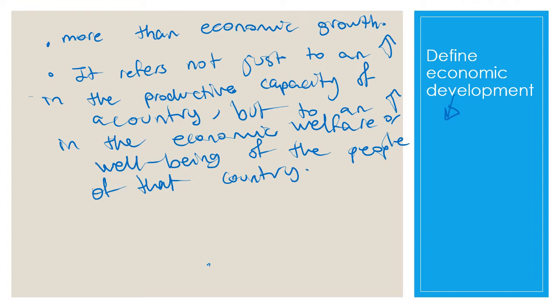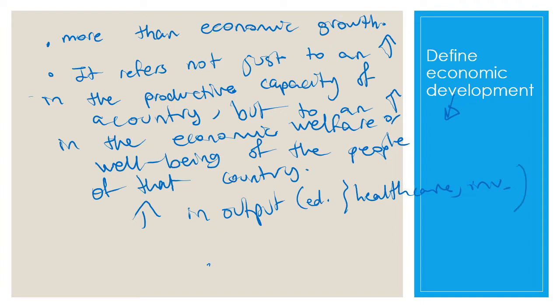In addition to the increase in output, it also includes improvements in the standards of education and also healthcare, investment in social and economic infrastructure, and wider social and economic choice.